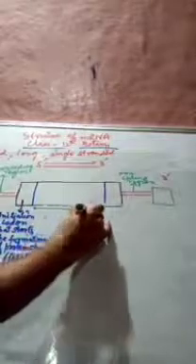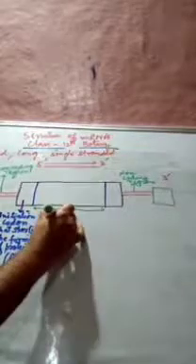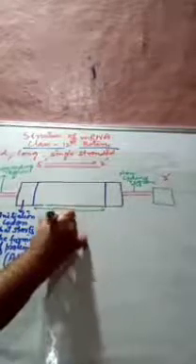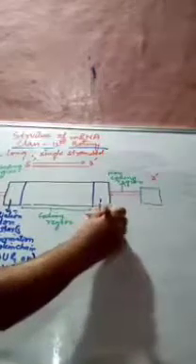Now, what is this red portion? This is the coding region. It contains codons. Now, what is this? This is the termination codon. It consists of 3.